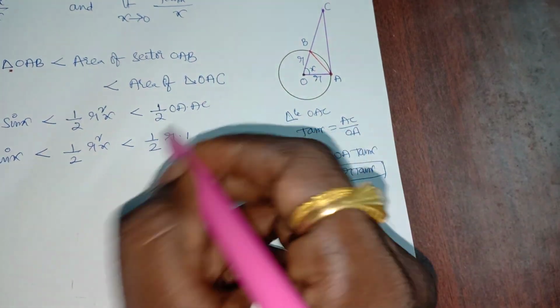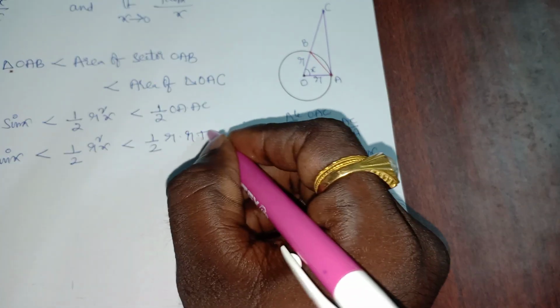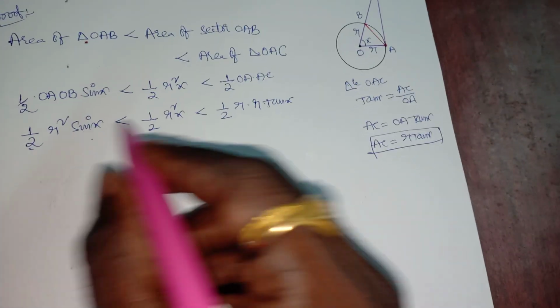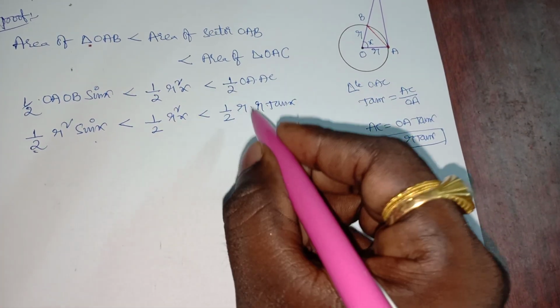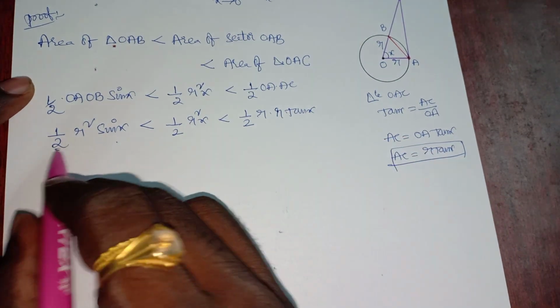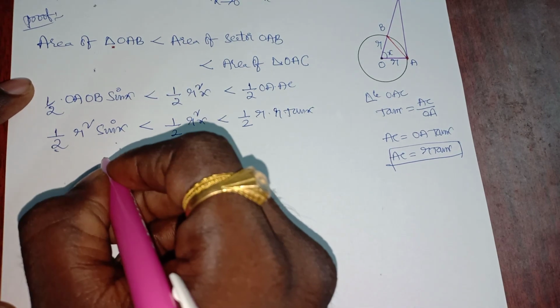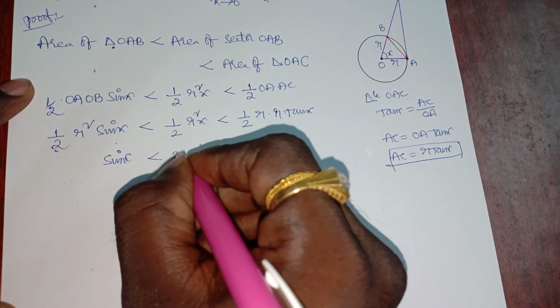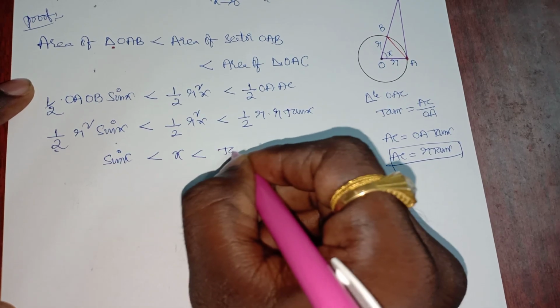Now substitute in place of AC, that is r into tan x. Now here half r square sin x, half r square x, half r square tan x. Now remove half r square in this inequality, then sin x is less than x less than tan x.